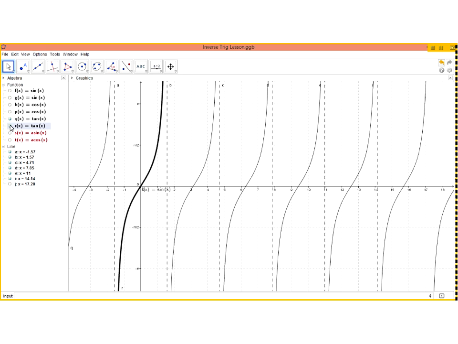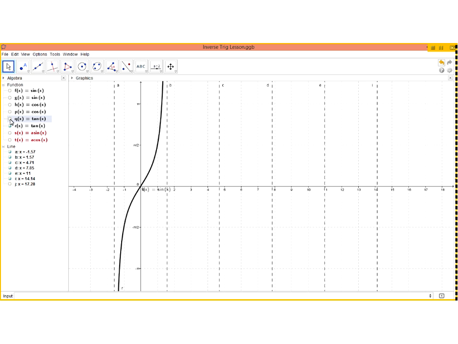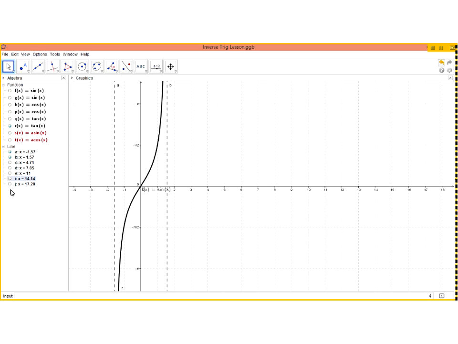Now, it's not one-to-one, so I'm going to restrict it to just this one, and also remove all of the vertical asymptotes. This is the part of tangent that I'm going to use, and these vertical asymptotes are at minus pi over 2 and pi over 2.